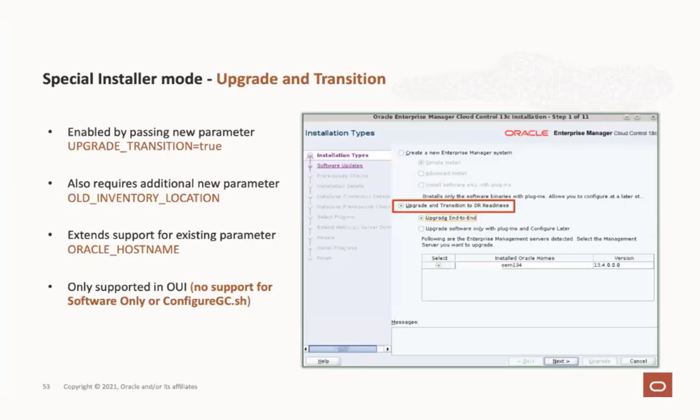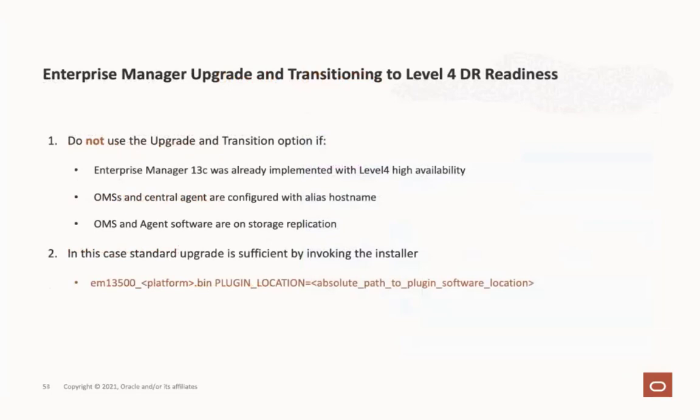As part of the configuration, we just run the upgrade and make sure your upgrade is successful and it is running from the new mount points. So in this way, you can get to the level 4 architecture. This is, again, a recommended way if you're looking to move your existing architecture to the level 4 architecture. And if you're already on level 4, then you don't need to do this method, right? You can do the normal upgrade and you don't require any of those additional options.